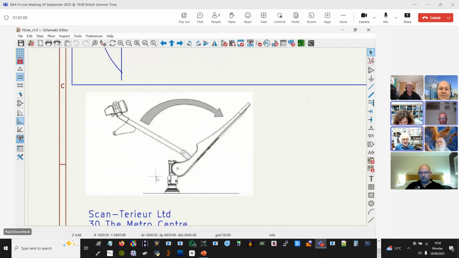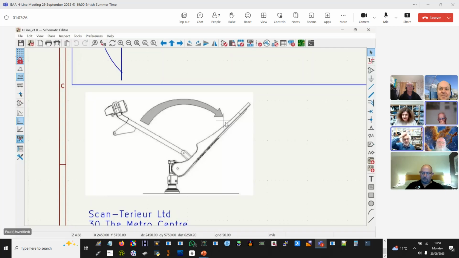Yeah, it is a rubbish drawing. The feed should point to the centre of the dish, or pretty close to the centre of the dish. This feed axis should be pointing to this point here. Yeah, okay. That was confusing me as well. You're right. It's a rubbish drawing.